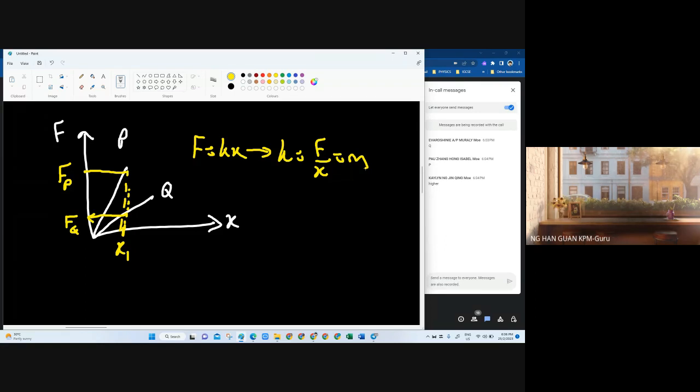Now with the same graph, tell me which spring, I repeat again, between P and Q, which one has the bigger diameter of the spring coil? Which diameter of the spring coil is bigger for P and Q?